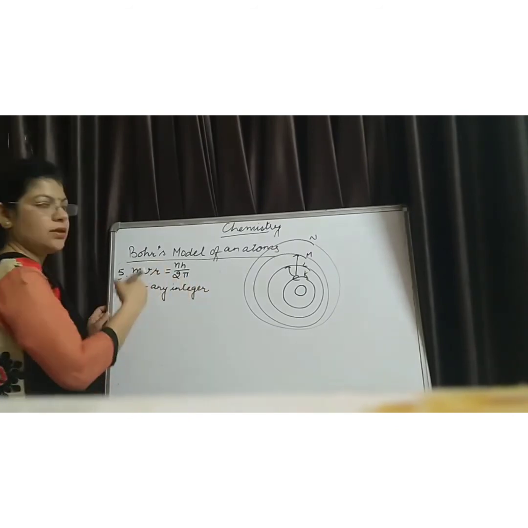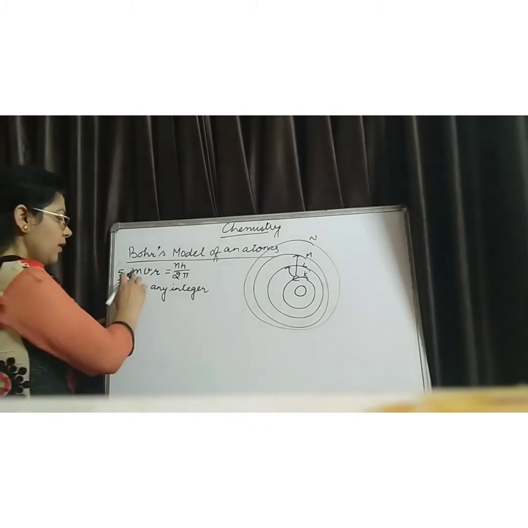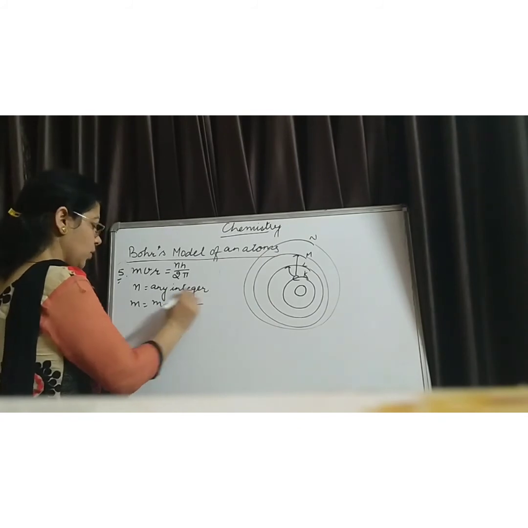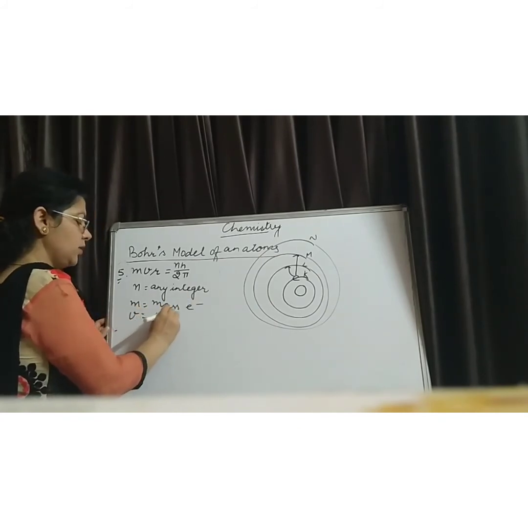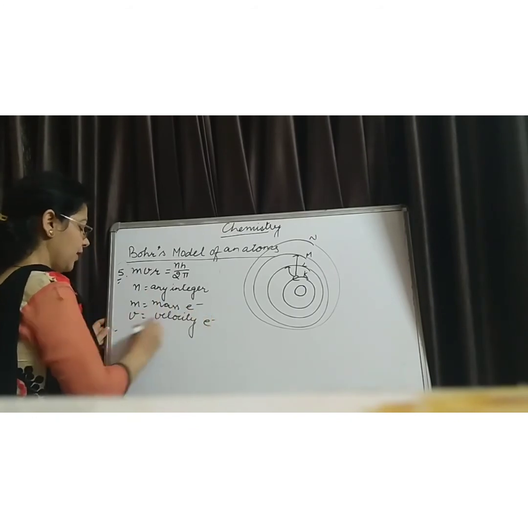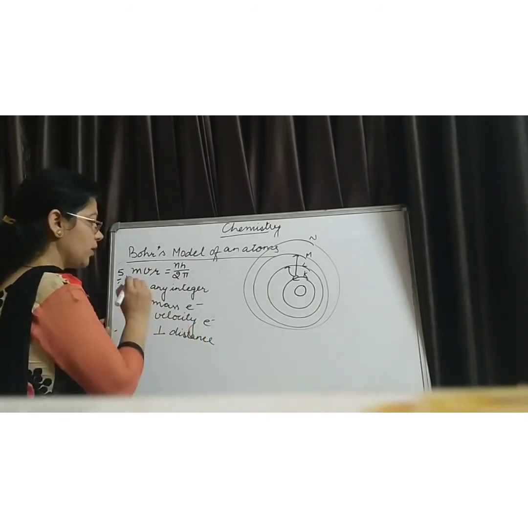Its value is either 1, 2, 3, 4 and so on. Here m is the mass of the electron, v is the velocity of the electron, and r is the perpendicular distance from the nucleus.